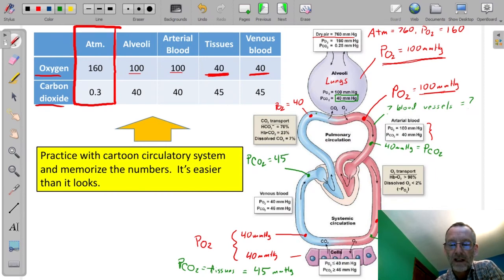Same with going back into the lungs. Partial pressure of CO2 equals 45. And the lungs are at 40, so carbon dioxide leaves the blood, flows down a pressure gradient back to the lungs.